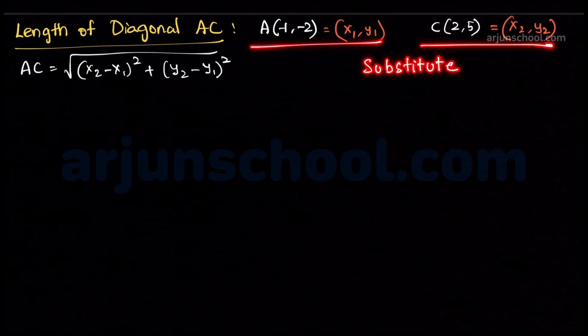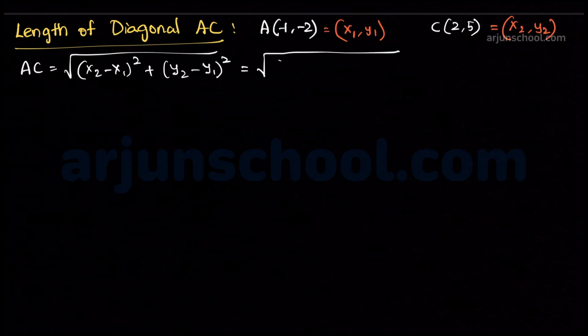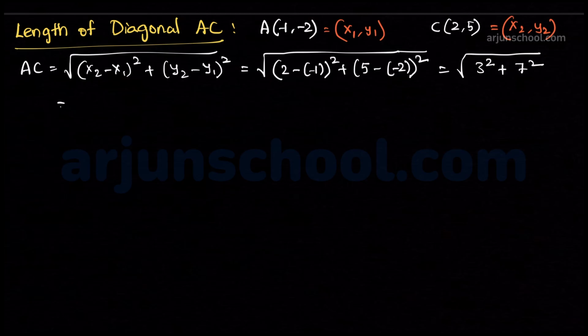Let us substitute the points in this formula. x2 is 2 minus x1 is -1 whole square plus y2 is 5 minus y1 is -2 whole square equal to root over 2 minus of -1 is 3, 3 square plus 5 minus of -2 is 7, 7 square. Root over 3 square is 9 plus 7 square is 49 equal to root over 58.